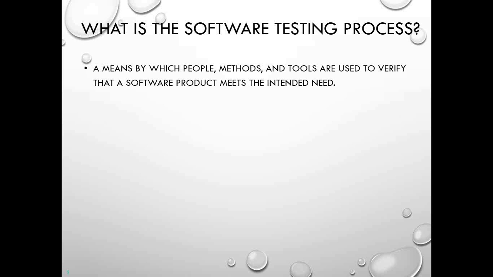This is what the testing process is all about: making sure the software which the end user is trying to use is fully tested and functional. And who assures that? The quality assurance analyst is going to assure that the software being developed is working 100% and satisfies the intended need of the end user.